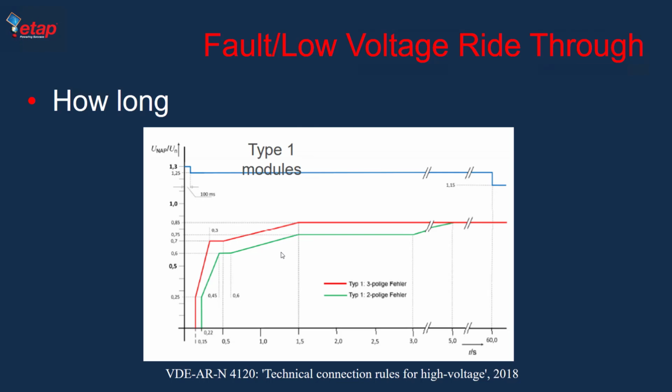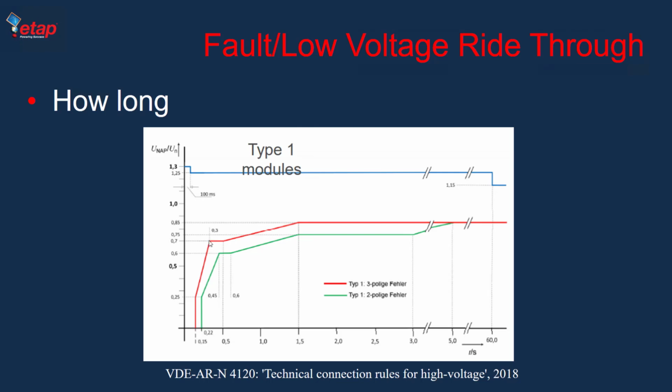So this is an example from the German grid code, the latest German grid code. As you see here, for instance, let's look at above 25% voltage, the DER needs to stay at least for 150 milliseconds.